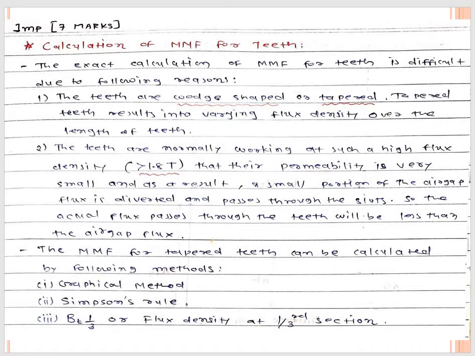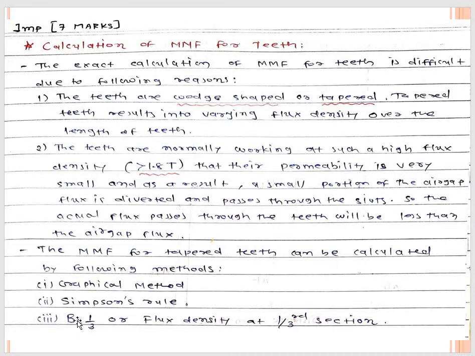Now the MMF for the tapered teeth can be calculated by the following three methods. First method is the graphical method. Second one is Simpson's rule.